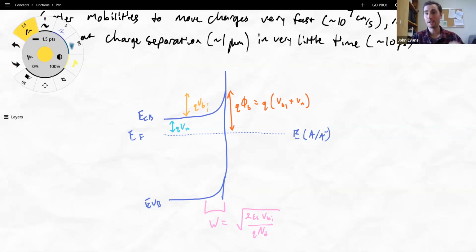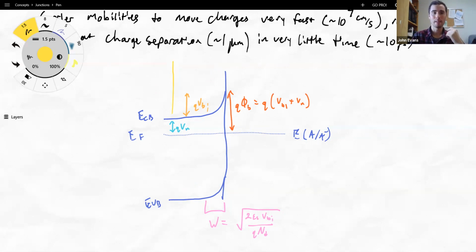Our conduction band and our valence band have both bent because not only is our electron affinity the same at every point, our band gap is also the same at every point. So our conduction band and our valence band bend the same amount. All right, so we have this built-in voltage, which is the difference between our initial Fermi level and our initial redox couple level.